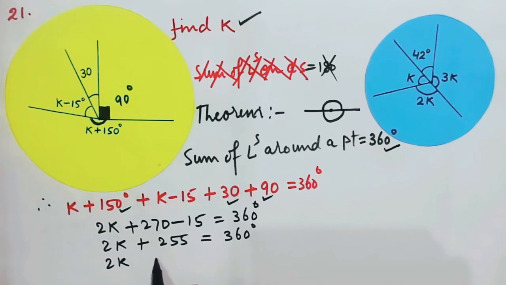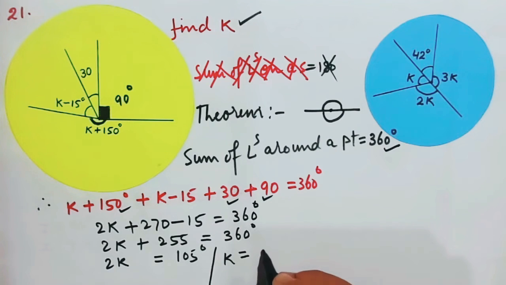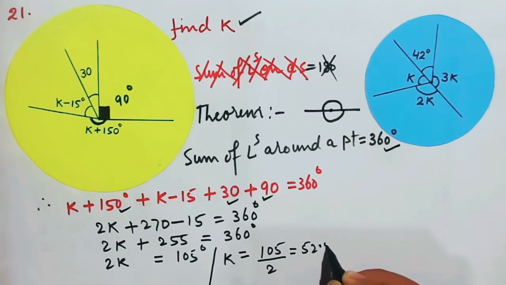Therefore, 2k will be equal to 105 degree, or k will be equal to 105 divided by 2, which is 52.5 degree. So I found the value of k.